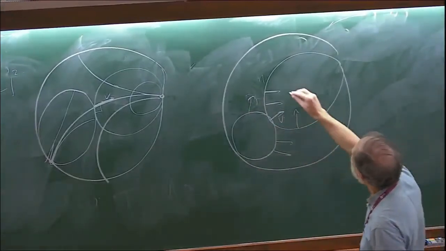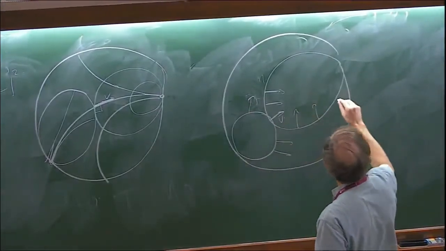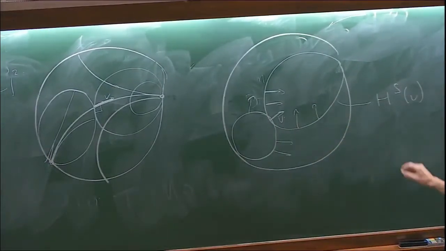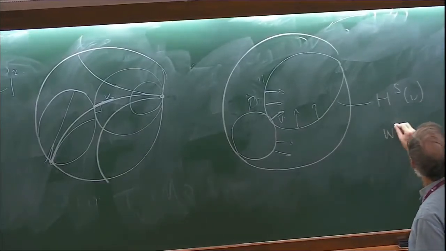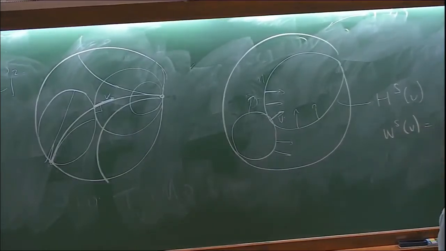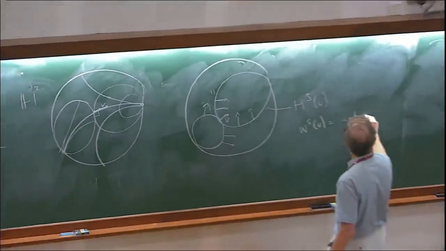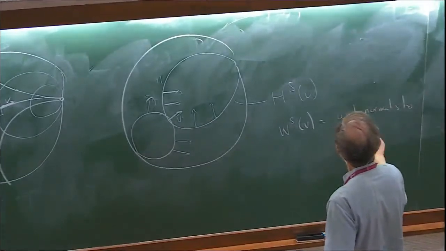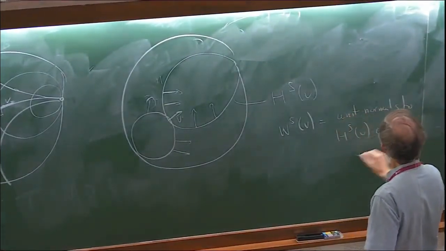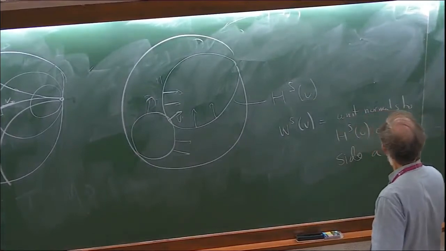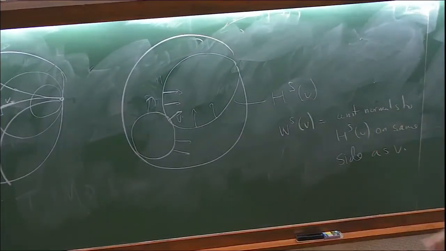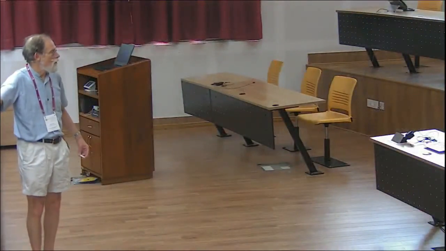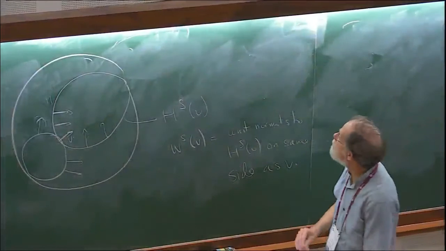So there's V. This horocycle I could call the stable horocycle for V. And then the collection of vectors, these are the unit normals to HS of V on the same side as V. So this is important. This object is really fundamental in understanding the dynamics.